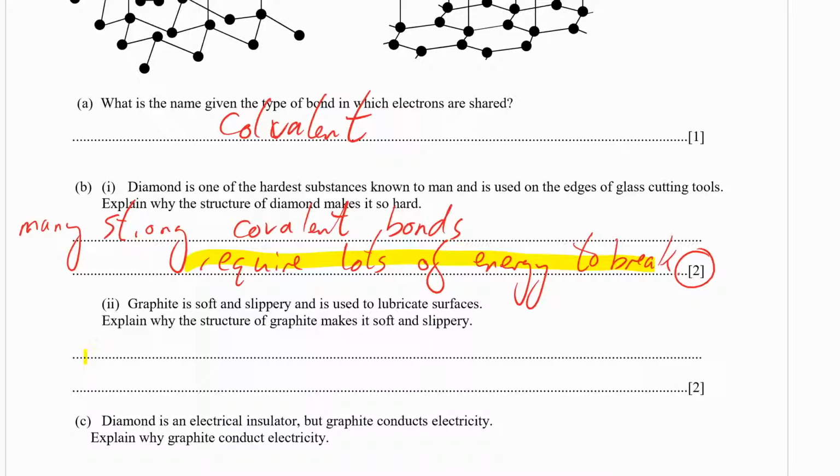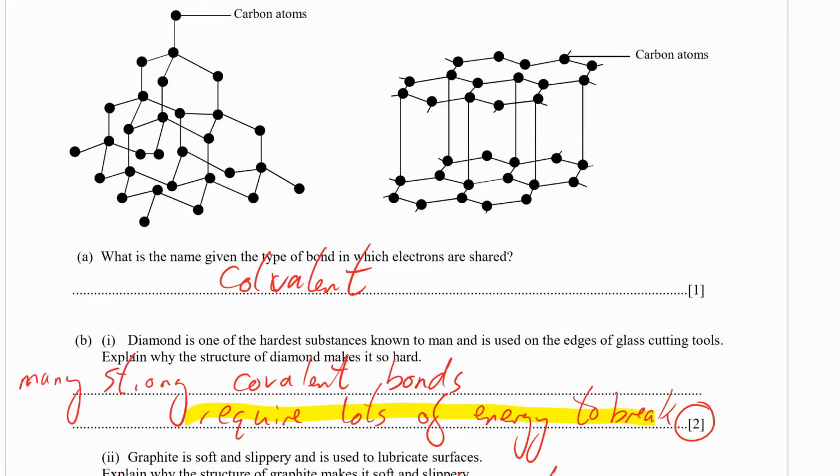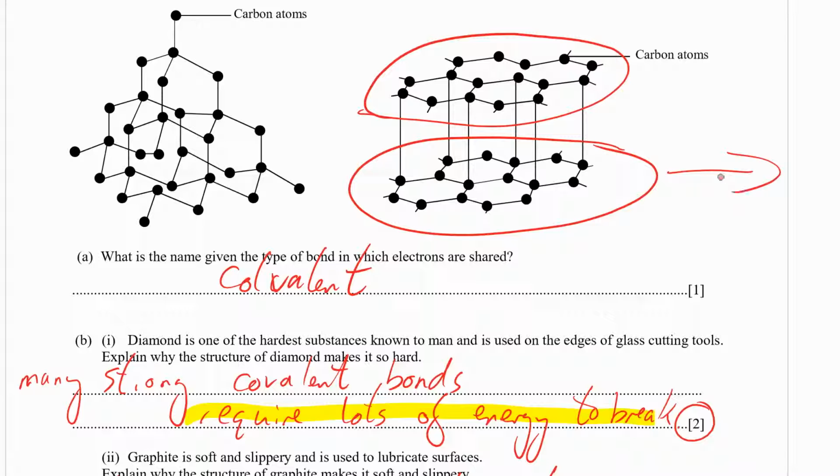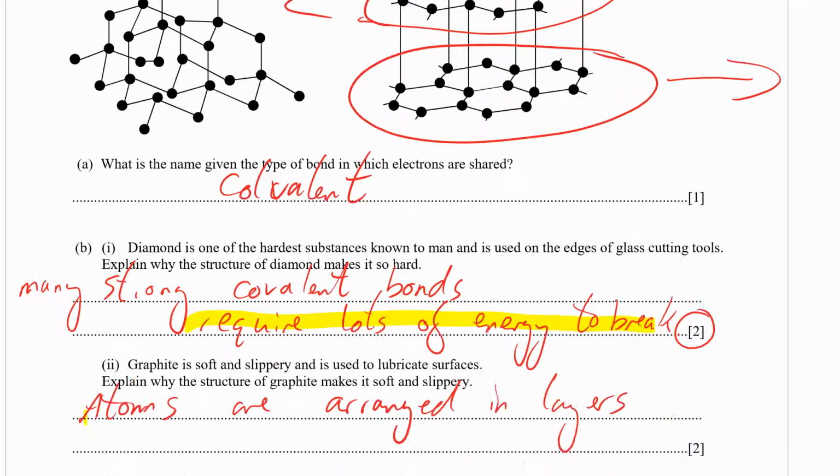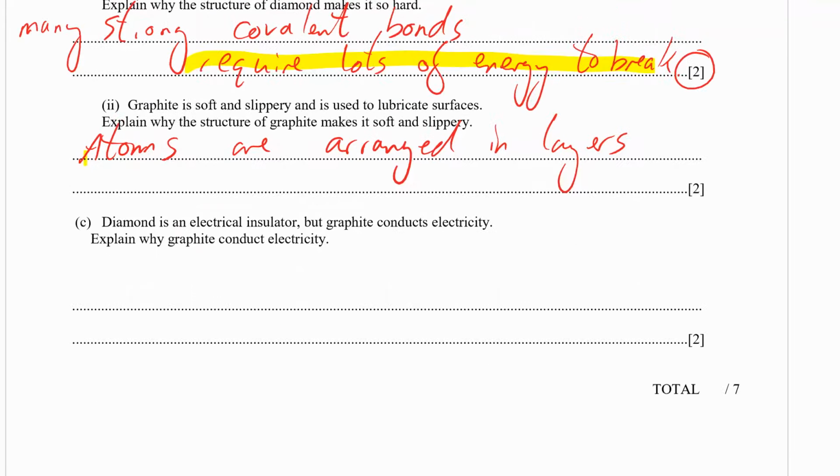So for this one, let's get my pen back up. So atoms are arranged in layers, as we can see in the diagram, which is already shown for you. So there's a layer and there's a separate layer. These can slide over one another, and atoms are arranged in layers, exactly what I just said.